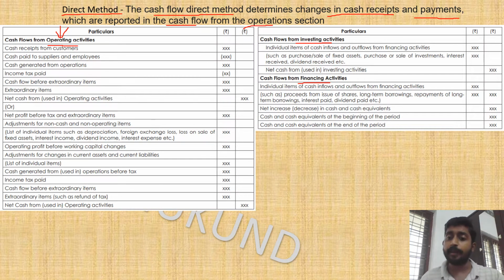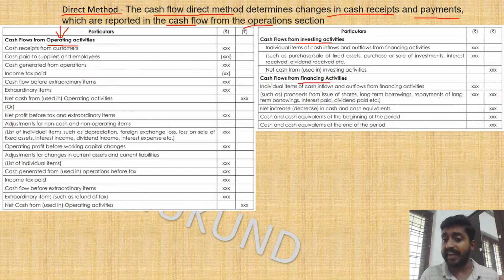But if I buy the same consumable for 10 rupees and pay only 10 days later, then the expense has happened and will be recorded in your creditors in the balance sheet, but the cash flow has not yet happened. The cash flow will happen only after 10 days.